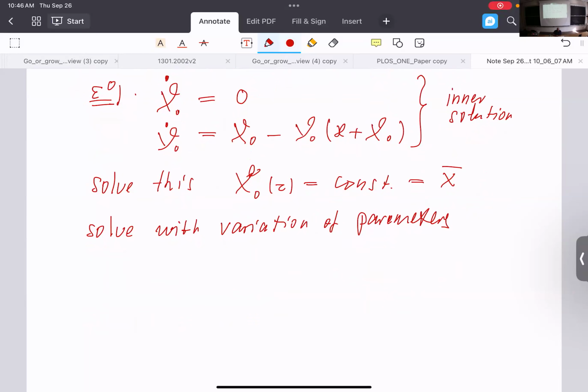And I skip this, I just write down the solution. So in this case, you get Y0 of theta, with X bar, 1 minus theta minus.